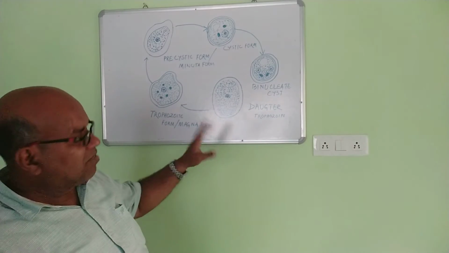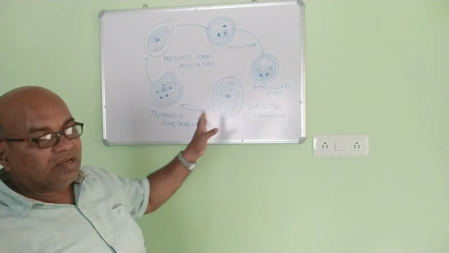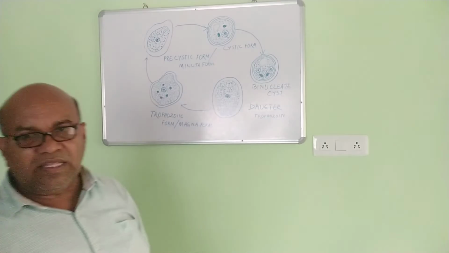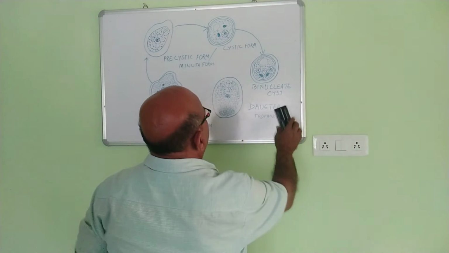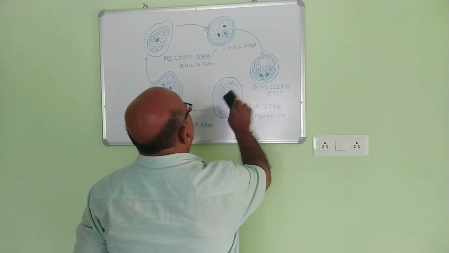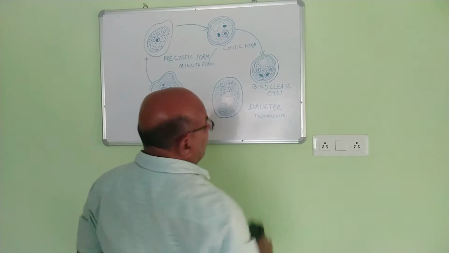Then, after some days, it will change to another form. There, instead of two daughter nuclei, you find four daughter nuclei.